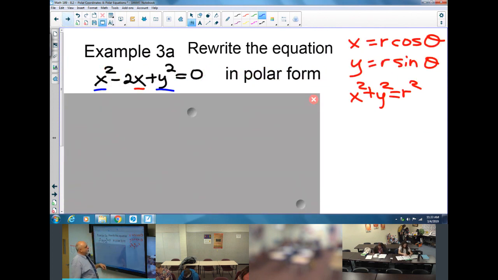So these formulas right here. All right, so let's say I want to write this in polar form.